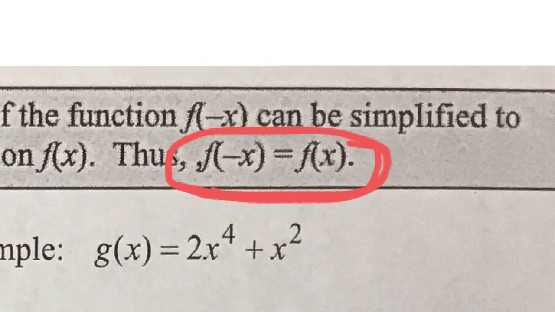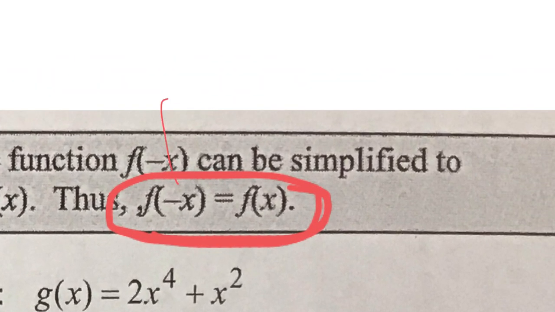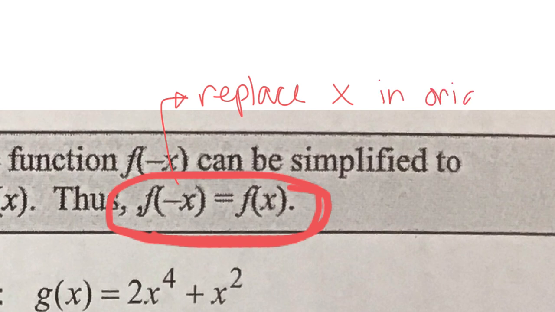What do we do if you want to find out what f of negative x is? Well, we're going to replace x in your original equation, whatever one they give you. We're going to replace x in the original with negative x.